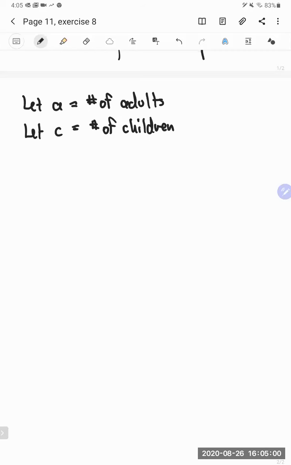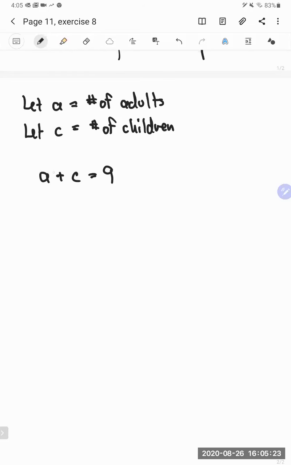Okay, and if that's the case, one thing that we know right off the bat is that A plus C has to equal 9, because the total number of people has to be 9. The other thing we know is that adults get charged $8, children get charged $5.